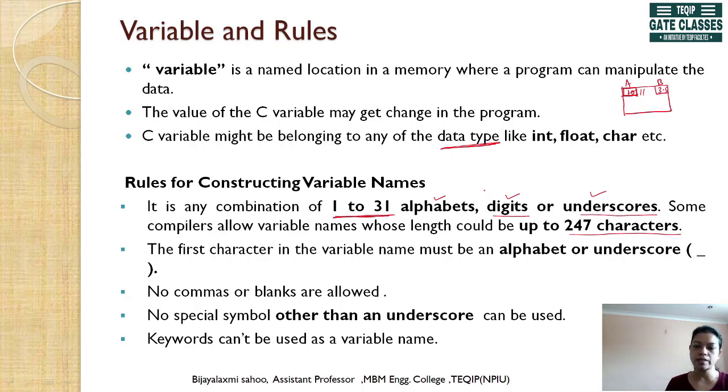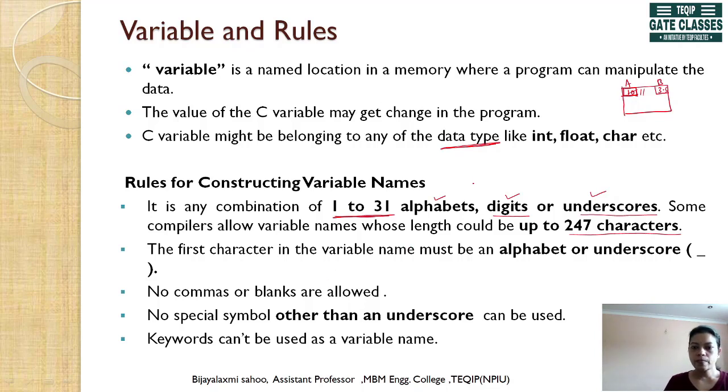And if we are using digits, you can use combinations of alphabets and digits, alphabets and underscores, or all three. The only special symbol allowed in a variable is the underscore.